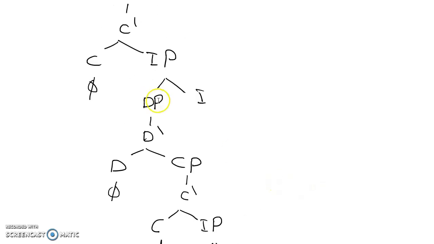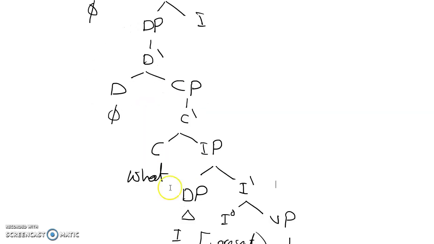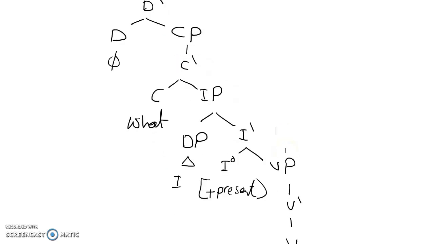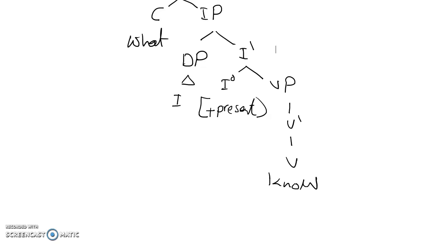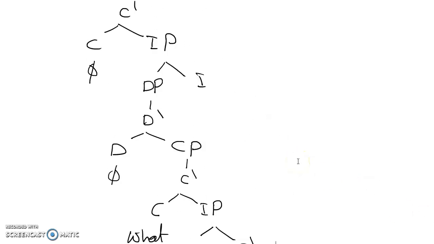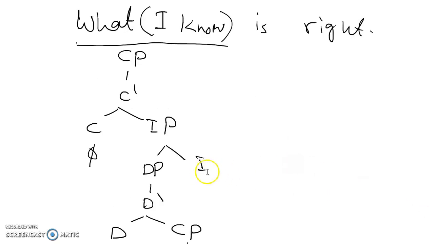So again, we have this subject. It starts by the DP, and because I have a complementizer at the beginning, which is what, I've got the CP here as an embedded part of my DP, and I continue analyzing the same way that we've used to.